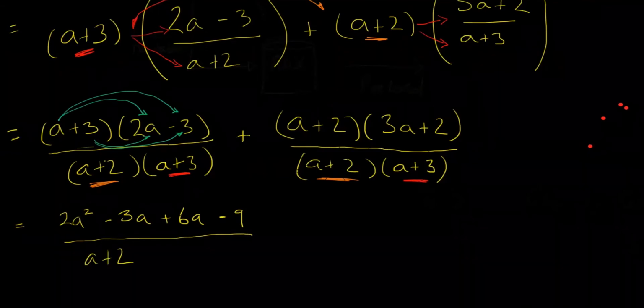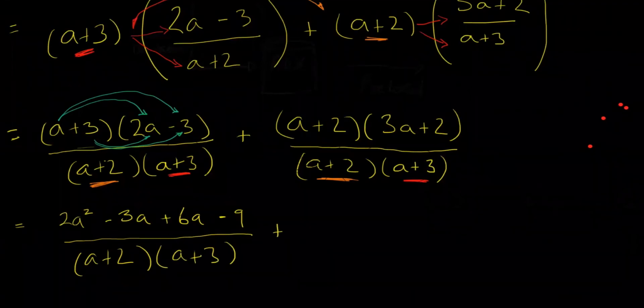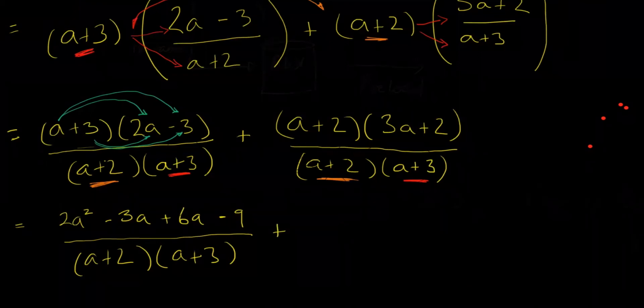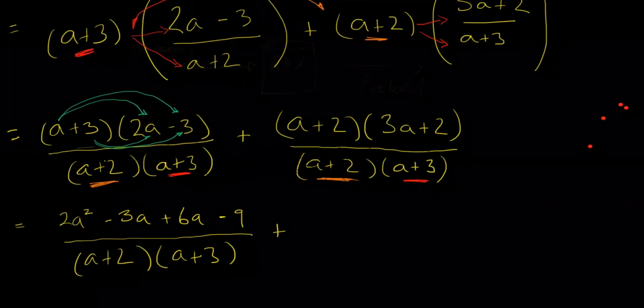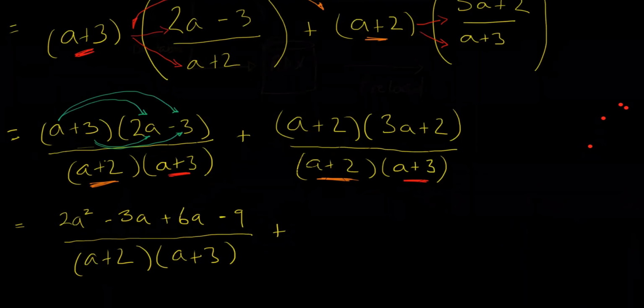I'm just going to rewrite this. All I'm doing is rewriting it in long form, okay? Plus, let's open up this bracket, please. So help me out here. What's a times 3a? A times 3a is 3a squared, yep.